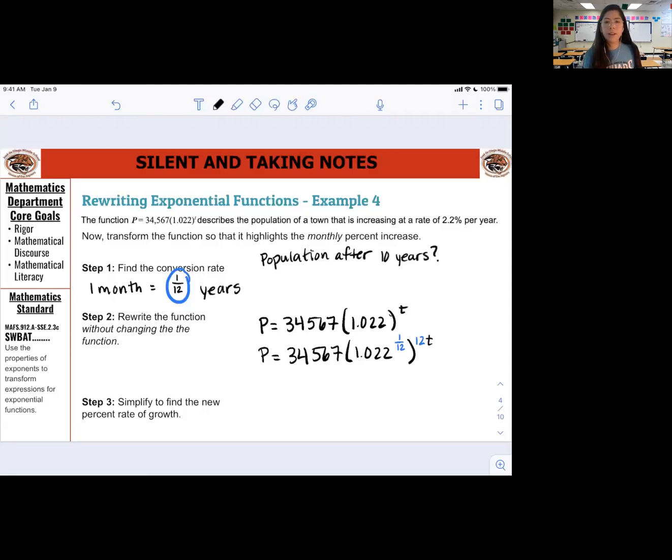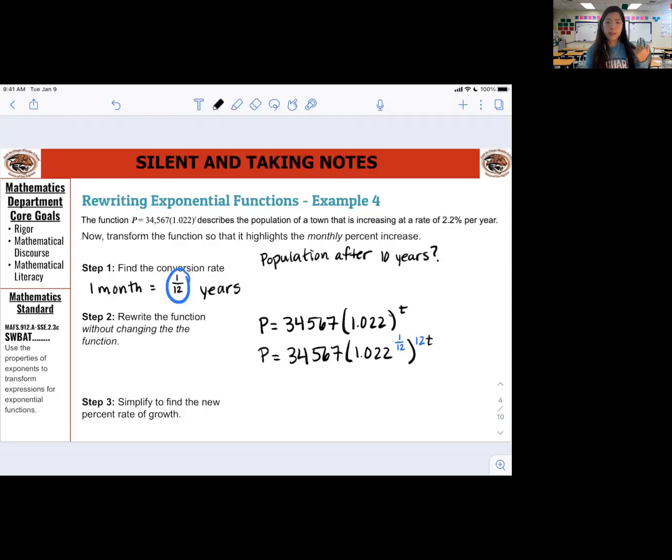If I ask you that, and I plug in 10, I better get the same answer no matter which equation I use. So if I use my original equation and I plug in a 10, I'll get a number. If I use my new equation and I plug in a 10, I better be getting the same number. Because that's why we throw it back into balance.